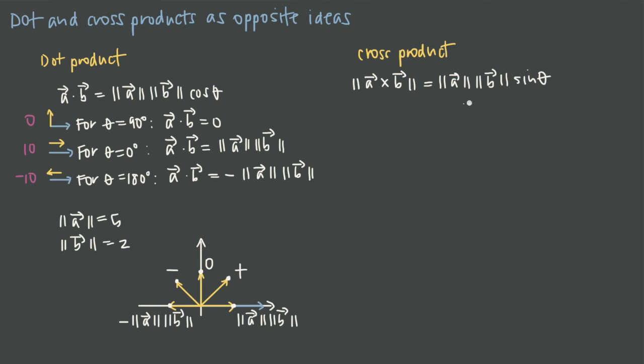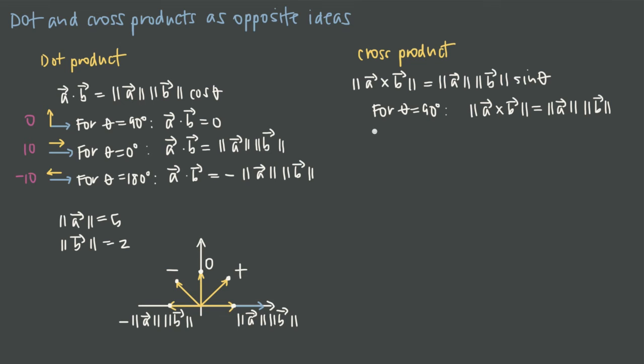So let's again look at some of these values. We'll start with the orthogonal case where theta is equal to 90 degrees. At 90 degrees, sine of 90 degrees is always 1, which means that the length of the cross product is equal to just the product of the lengths of the individual vectors, the length of a times the length of b, because sine of 90 degrees simplifies to 1.